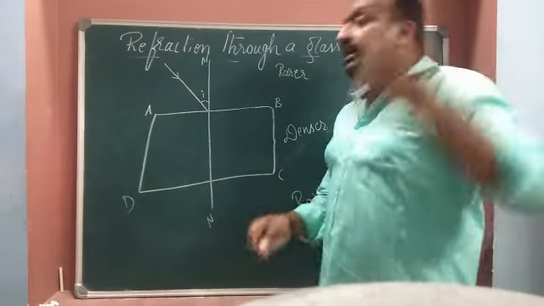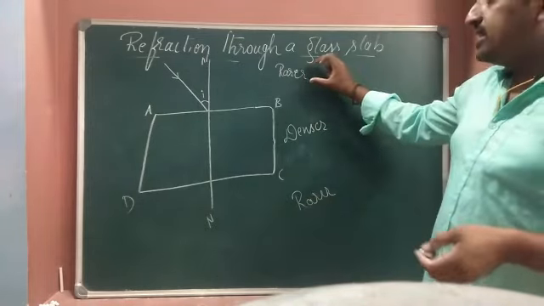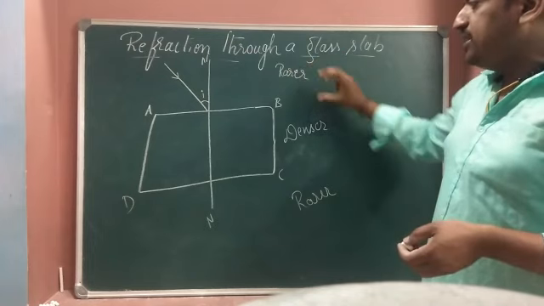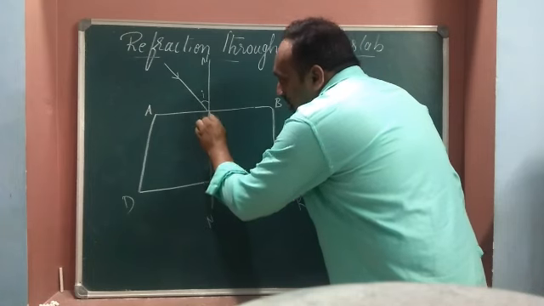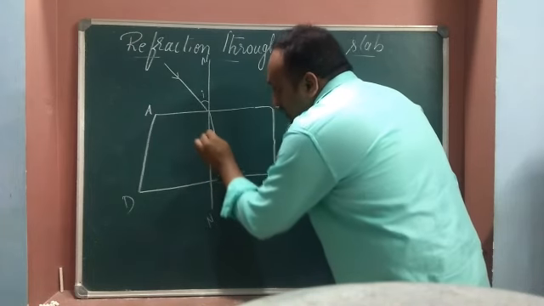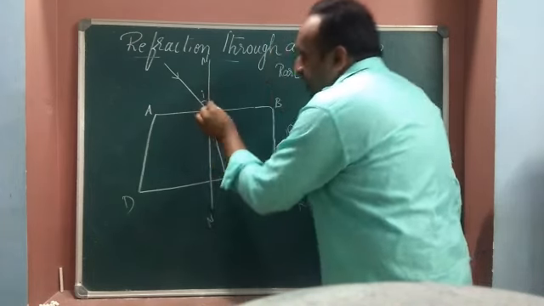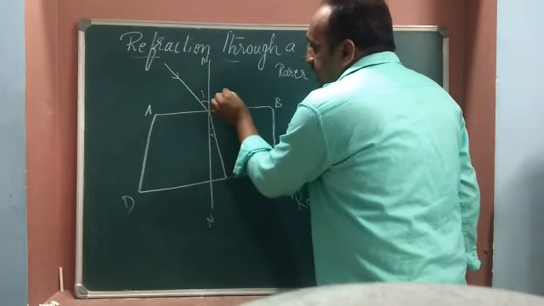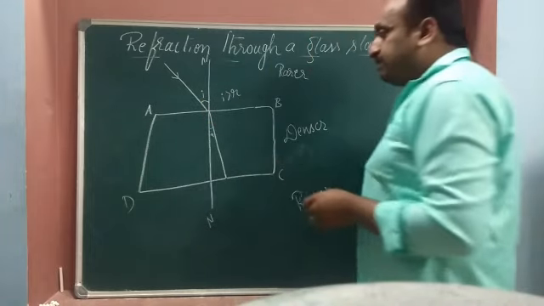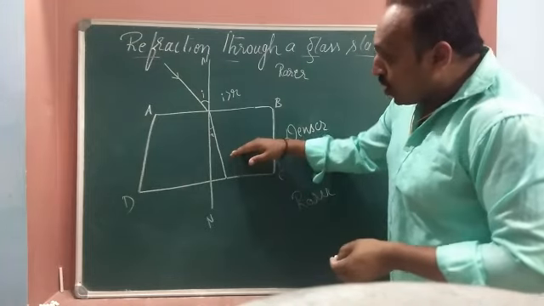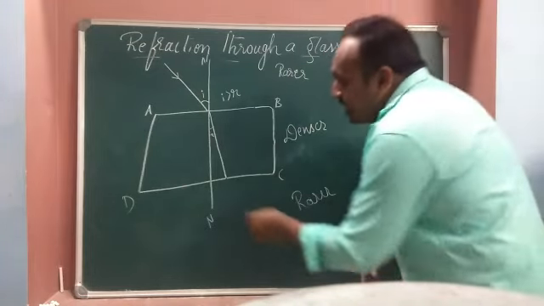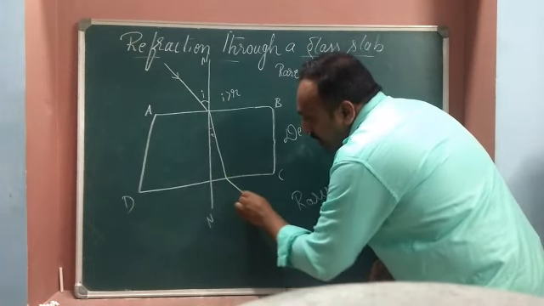As I said earlier, when the ray of light is passing from rarer medium to the denser medium, it will bend towards the normal. This is r. In this condition, i is greater than r. What happens when it is passing out of the glass slab? It will bend away from the normal.